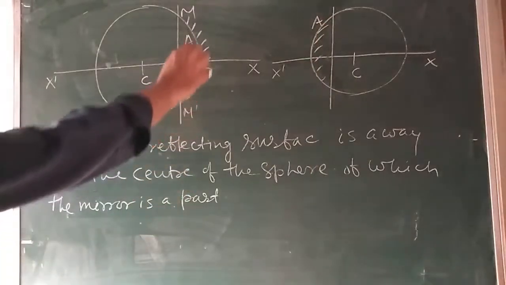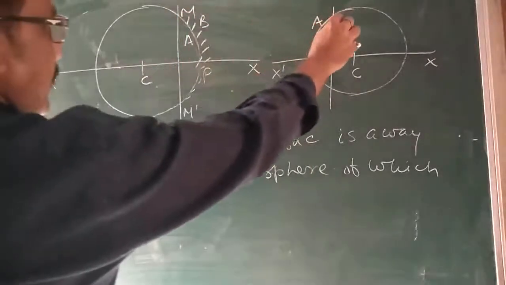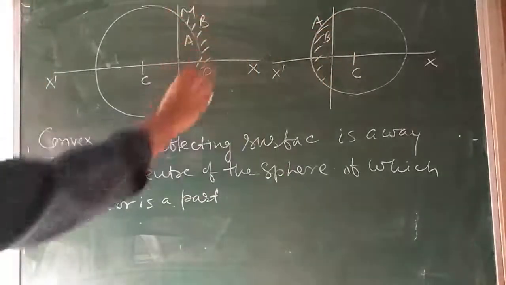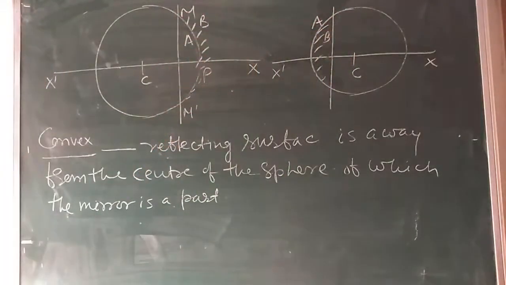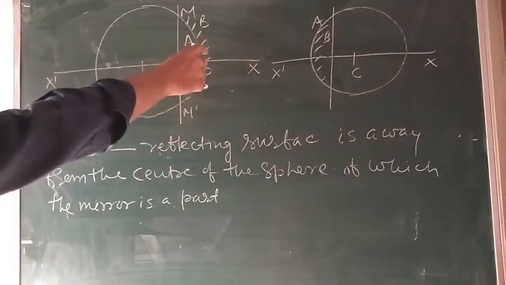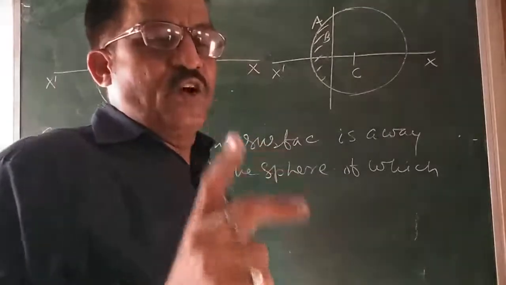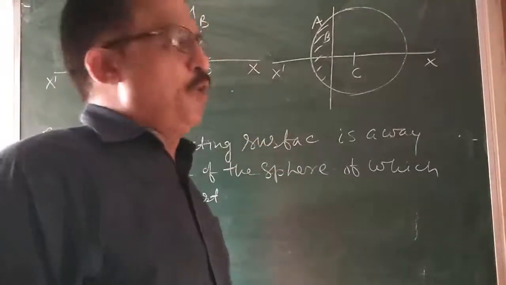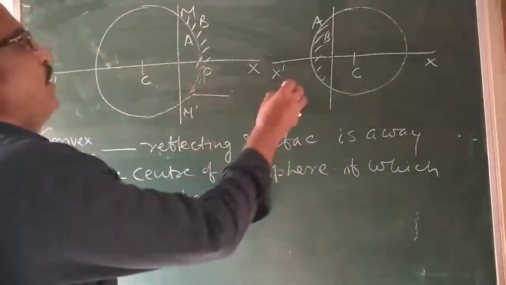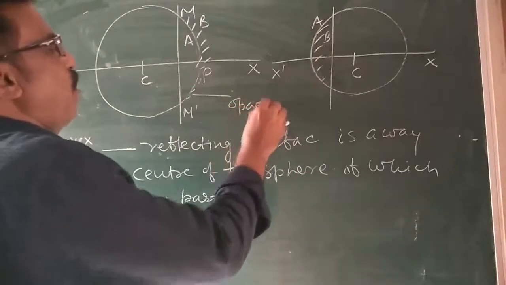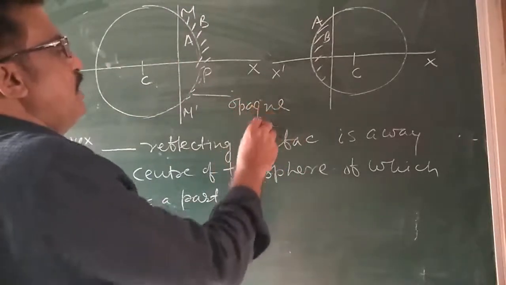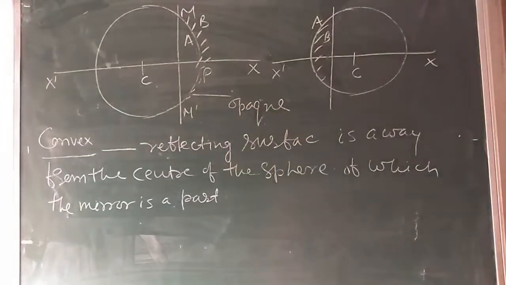Outside surface, say it is B. And the other surface B of this concave spherical mirror is opaque. Opaque means non-reflecting. What is the meaning of opaque? O-P-A-Q-U-E. This surface is opaque, so we can say non-reflecting.